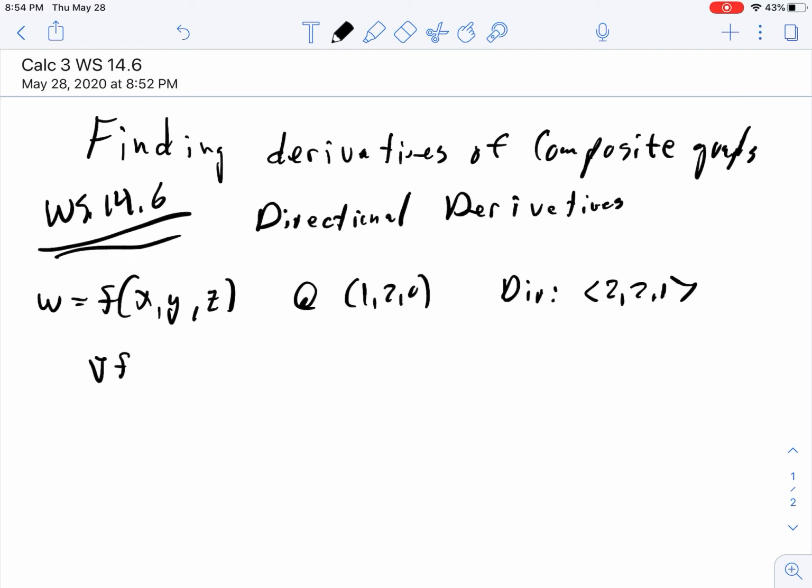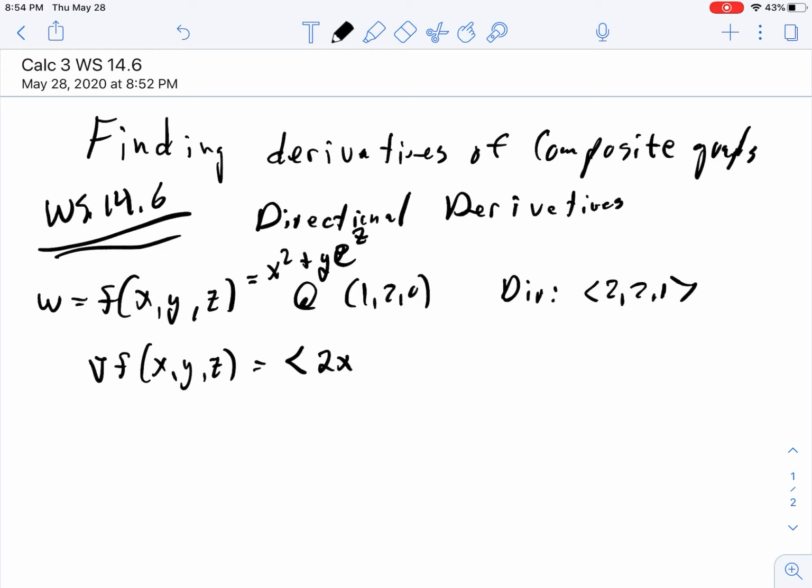So basically, finding the partial derivatives of f of x, y, and z. Oops, and I guess that would help if I give you the function. Let's say the function is x squared plus y e to the z.